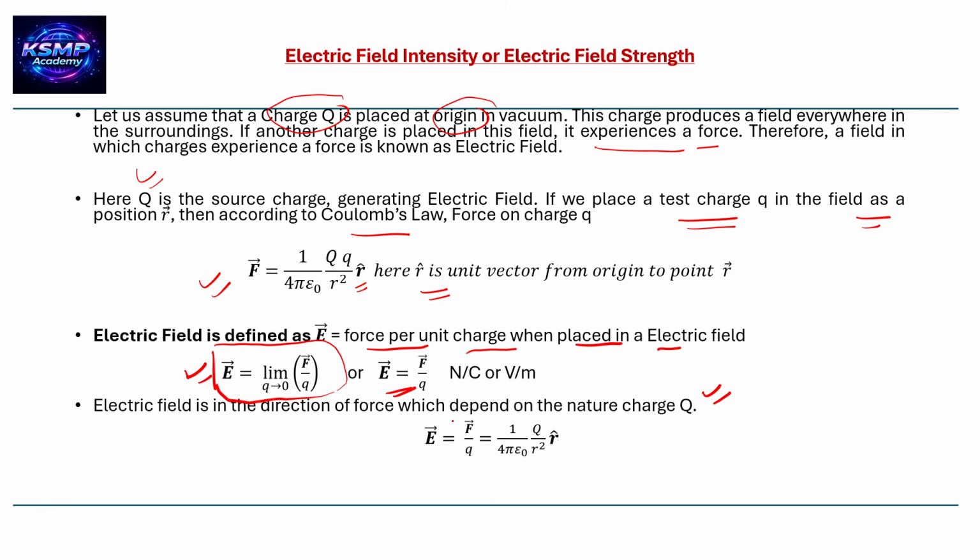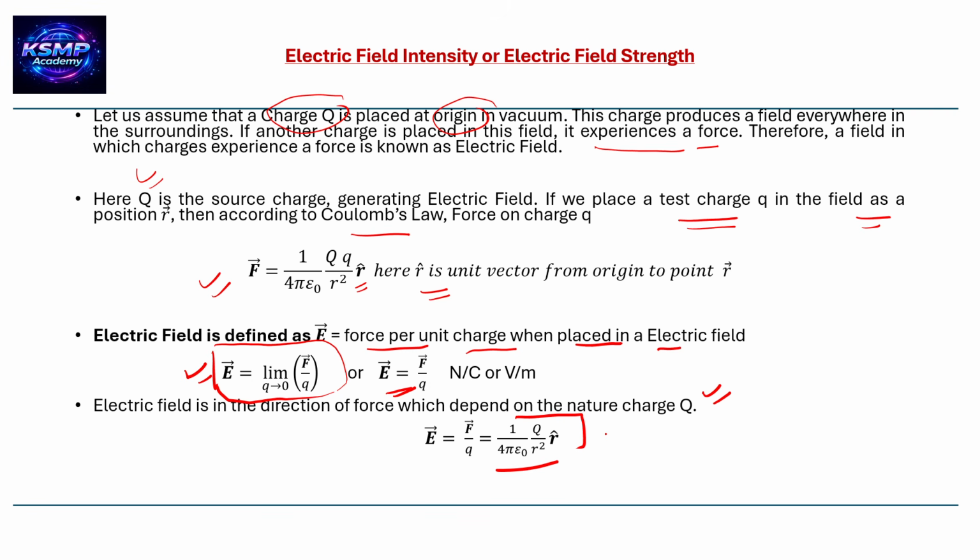So E, because of this source charge Q, when we place a test charge small q in this field, by definition is given by this expression, that is 1 by 4 pi epsilon 0 Q upon R square. Again the unit vector R is giving the direction of the electric field. So that's how we write the electric field intensity.